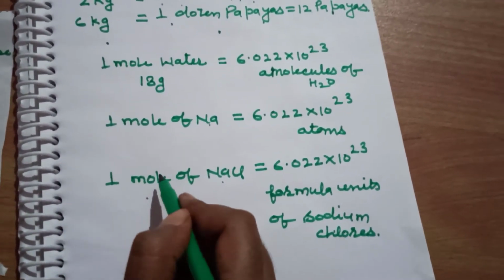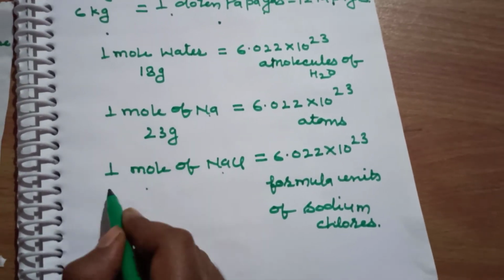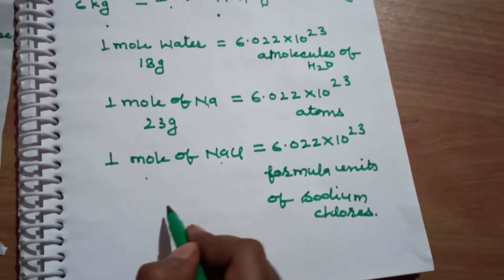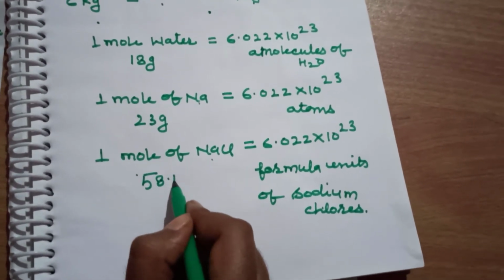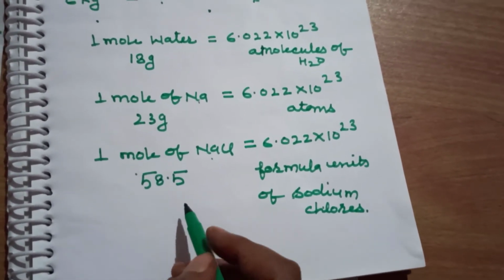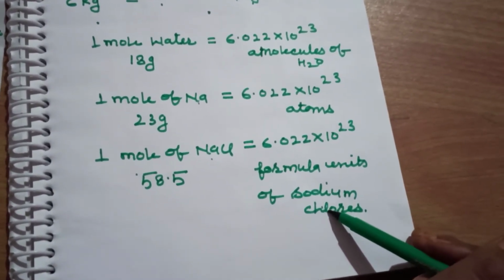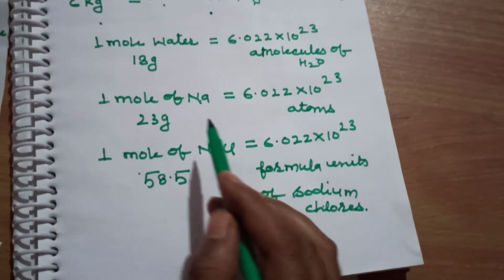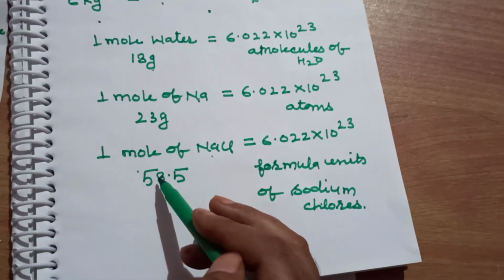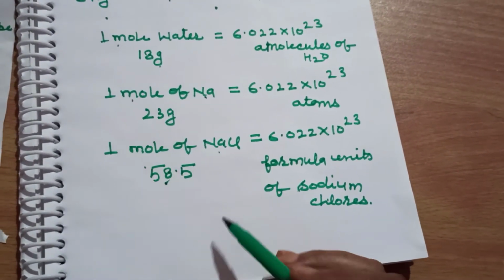Mass of 1 mole of sodium is 23 gram. Mass of 1 mole of sodium chloride is 58.5 gram. Numbers are the same. Substances are different. Masses are different. Moles are the same.